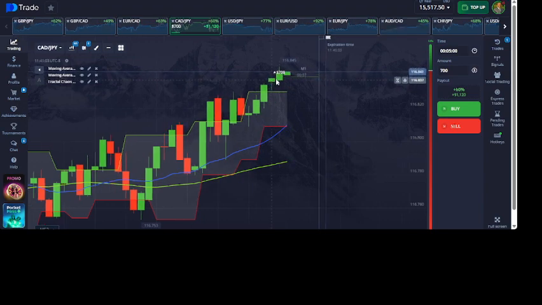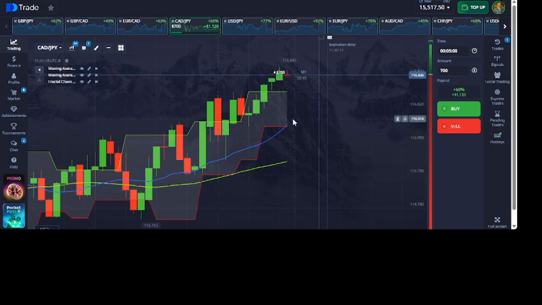So this confirmed to me that there would be a continued bullish momentum to the upside here, unlike this candle here, which shot back down the next candle. In addition to that, the blue 20 SMA line is beginning to slope sharply upward.